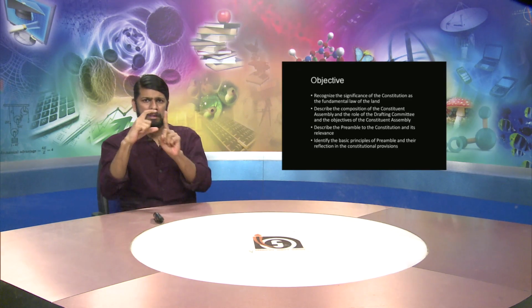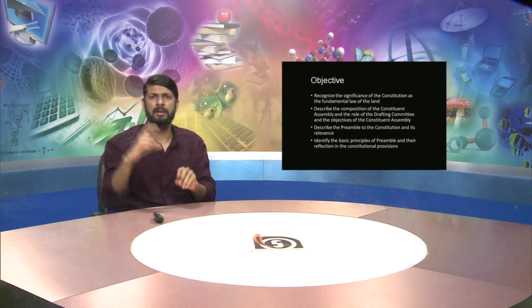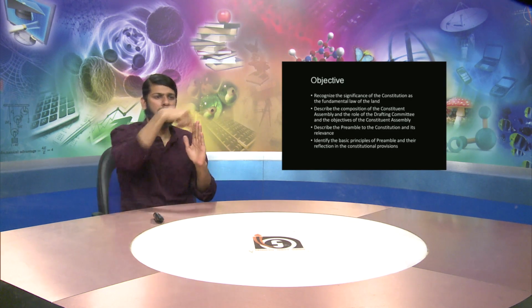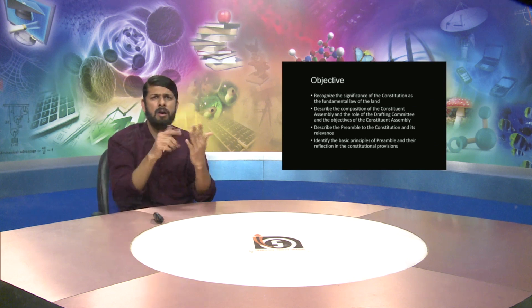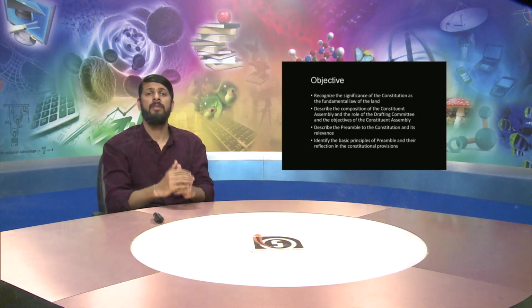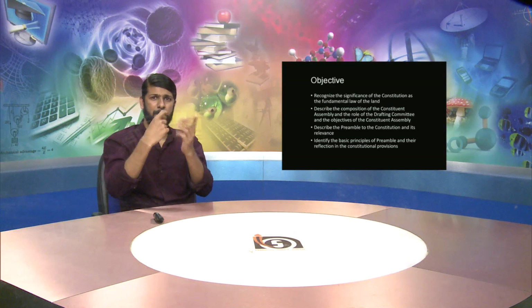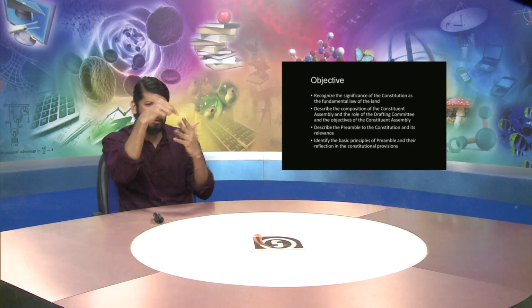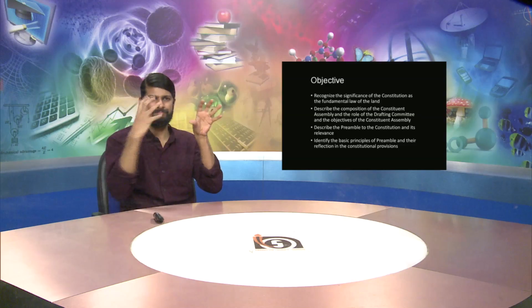This is CA, and also the role of the DC. DC is the drafting committee, and also the objectives of the Constituent Assembly. Also, we would be able to describe the preamble of the Constitution and their relevance.